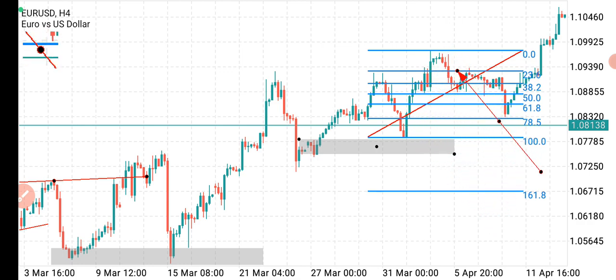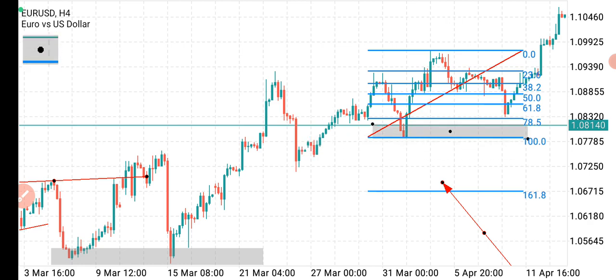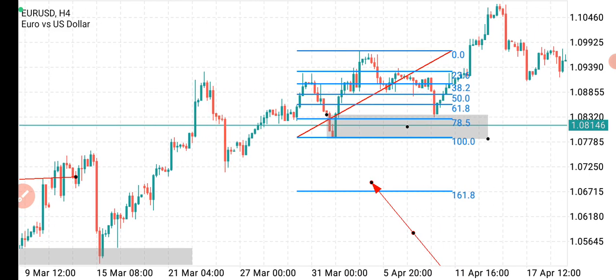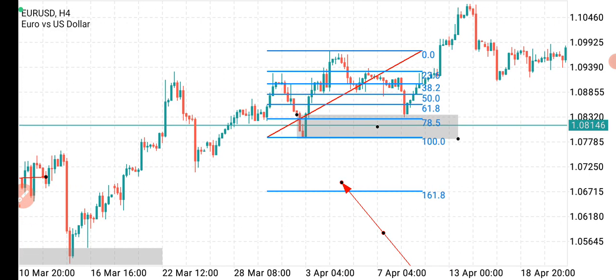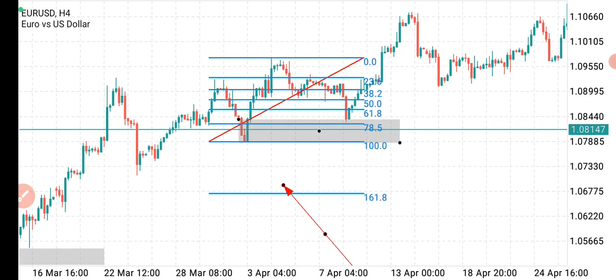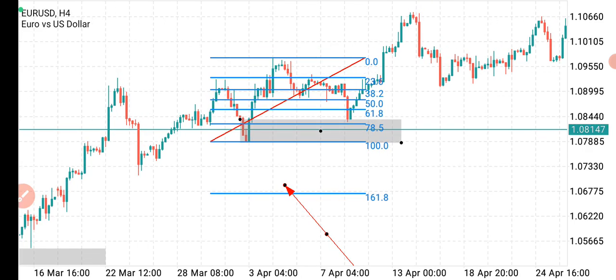The market retraces back to 78.5%, which is inside your order block. And then from there, you see the play.